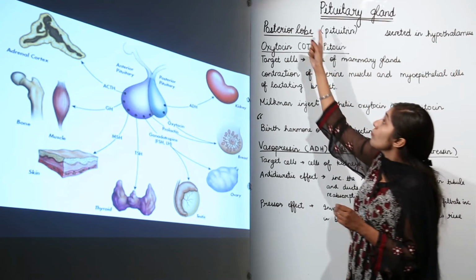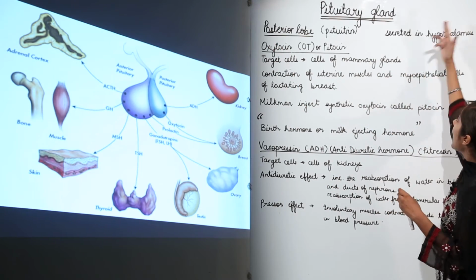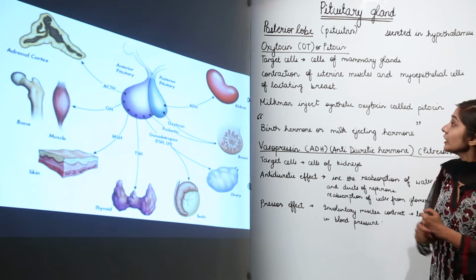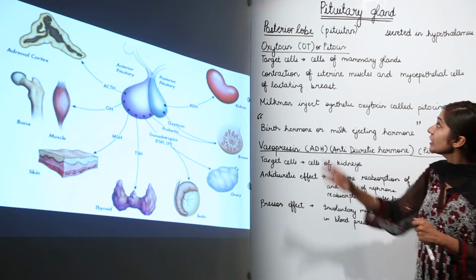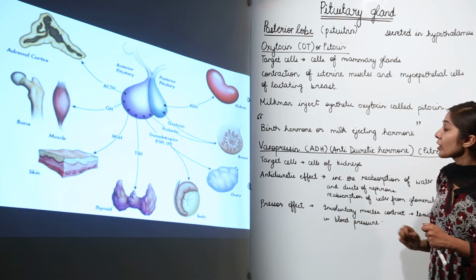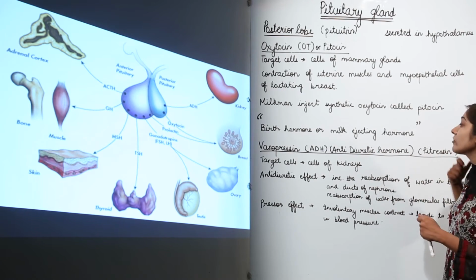The posterior lobe is not going to directly secrete hormones, it is going to secrete in the hypothalamus, right? So we have two hormones that we have discussed under posterior lobe, that is oxytocin or pitocin, or vasopressin or ADH, that is antidiuretic hormone or pitocin.